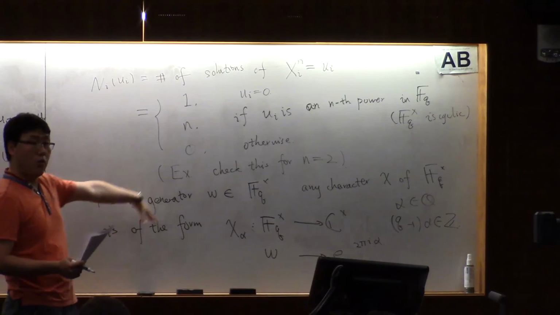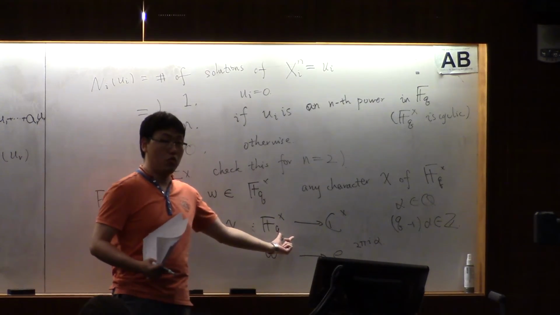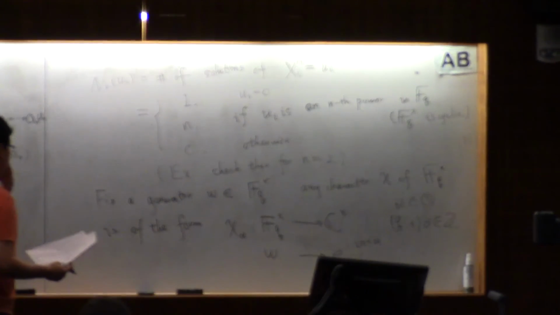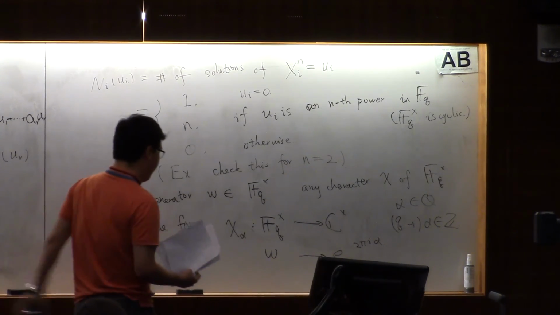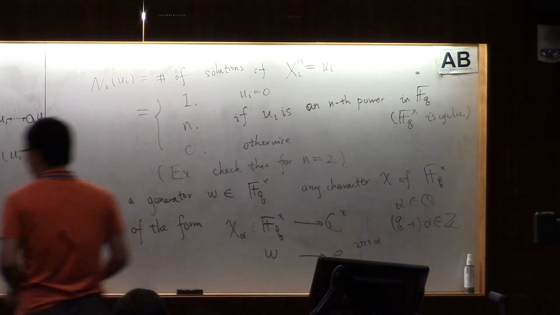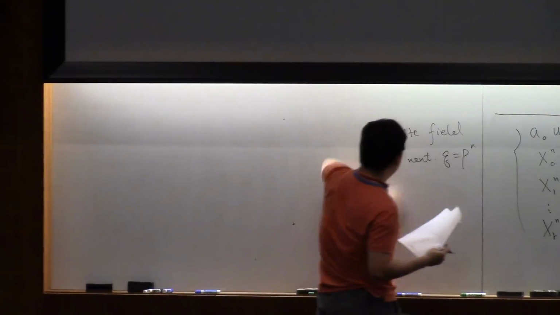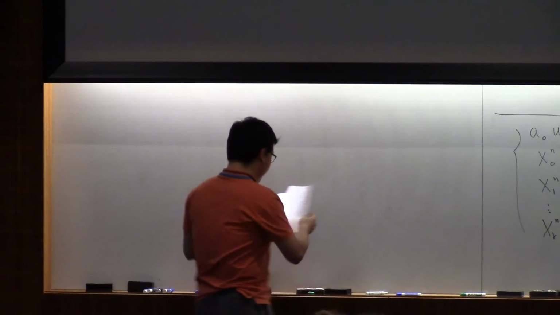Okay? So in this way, we list all the possible characters of the multiplicative group of this finite field. But actually, we do not need to consider all the characters. We only consider those characters whose order is divisible by n.